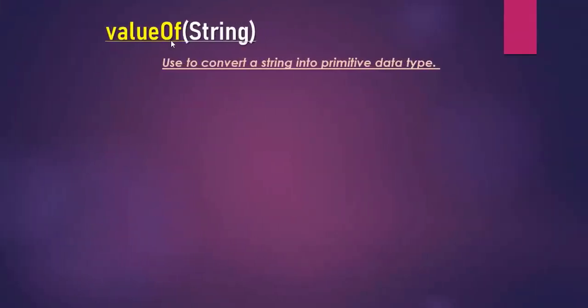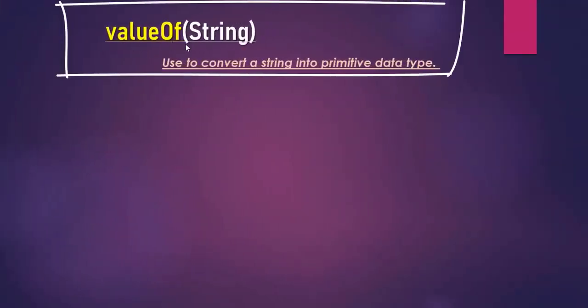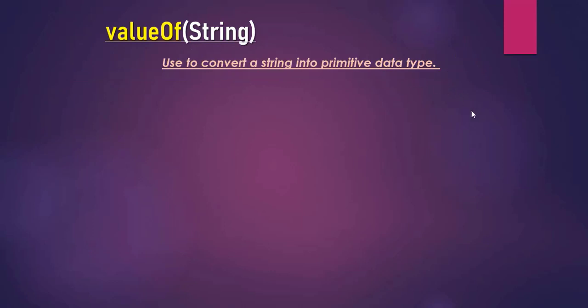The next function, that is valueOf function, is used to convert a string into a primitive data type. We know that if we write any number within double quotes, that will be treated as a string in Java, and that cannot be used for any arithmetical operation. But if we want to use those strings for arithmetical operations, we have to use the valueOf function.